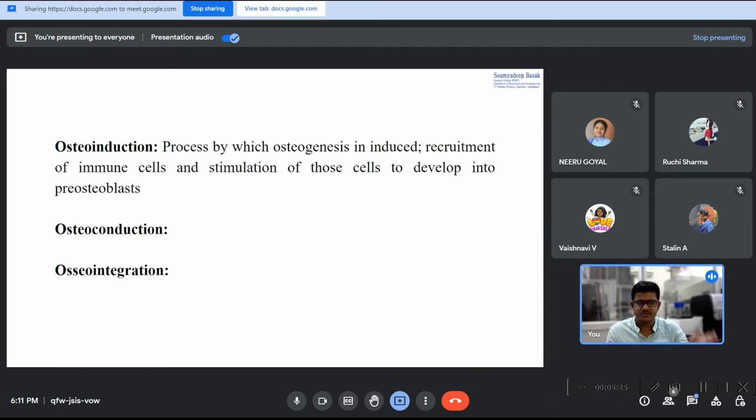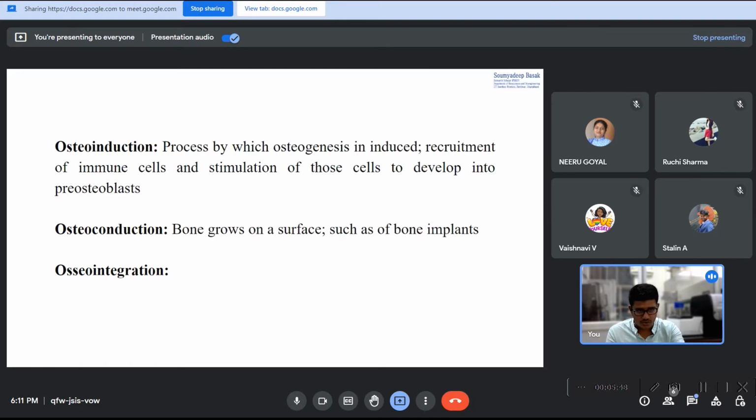You are inducing the bone to form. If you have a fracture, a bone breaking, then you need the bone to form again. This induction is osteoinduction. There is no material involved as such. You are hoping that immune cells are brought up and stimulated to form osteoblasts or pre-osteoblasts or some cellular compartment. So this is the induction phase.